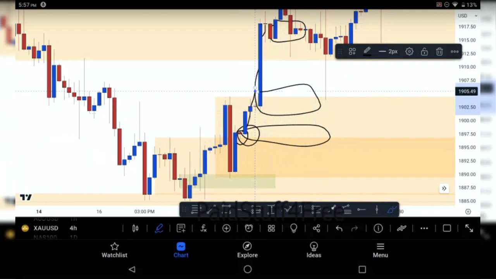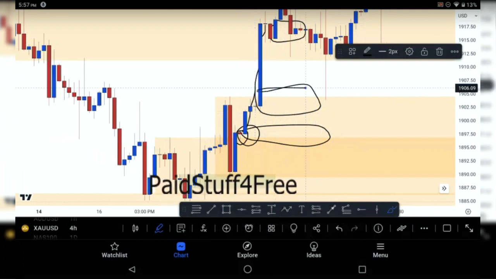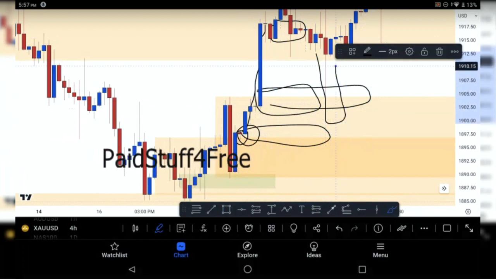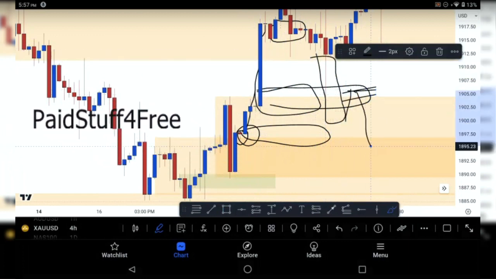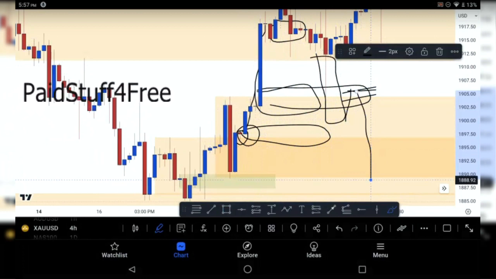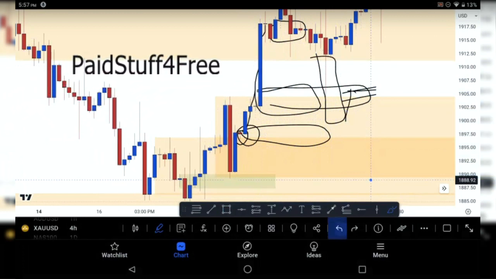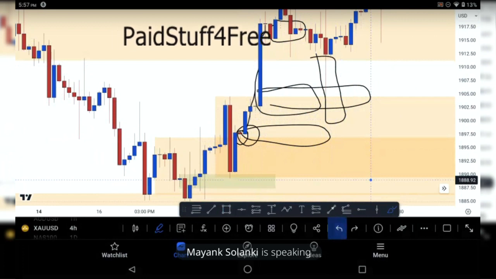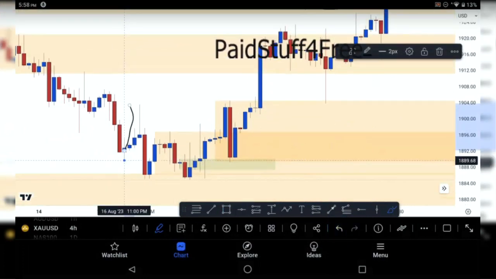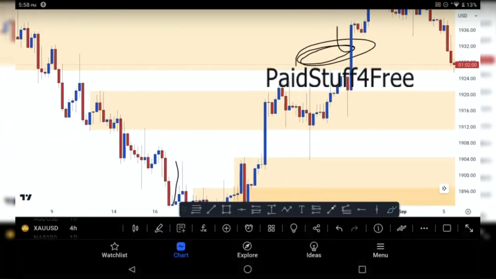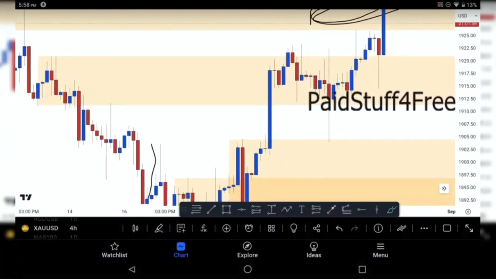So before I can consider price to be bearish on 4 hours, price needs to at least break this zone with body, and then a retest of this zone is where I'll be looking for my entries to sell from. Do you guys understand? Good.